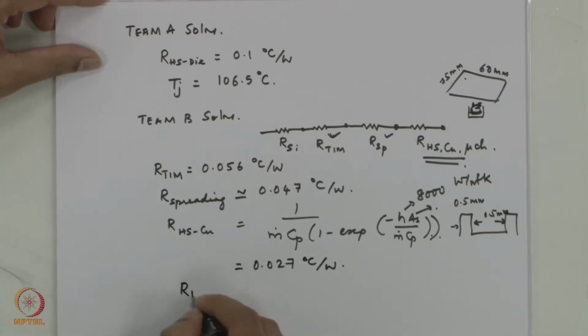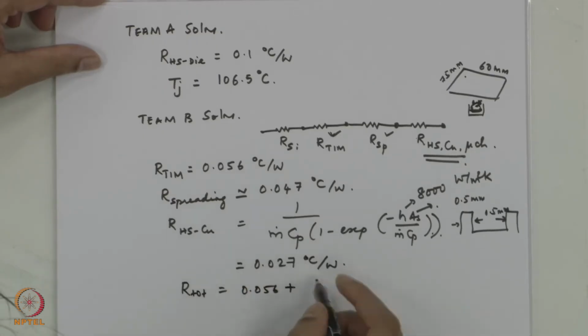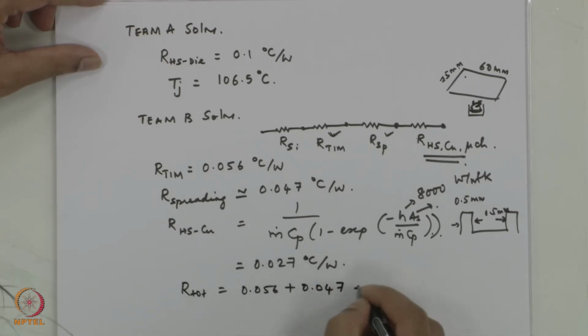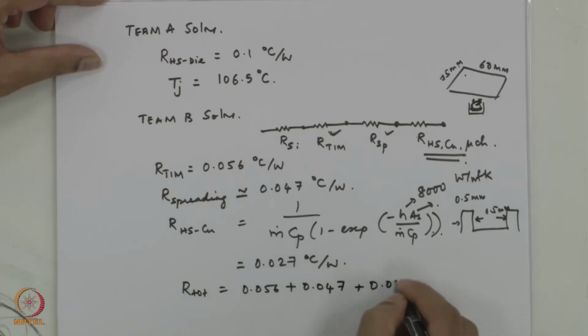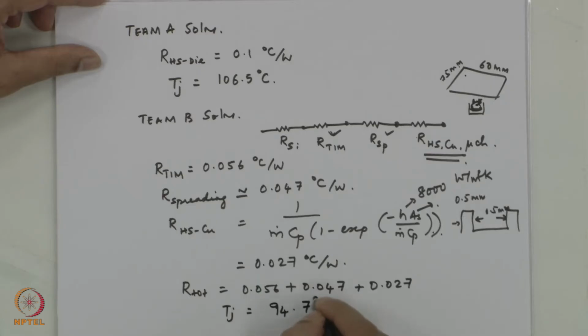The total resistance from junction to the ambient turns out to be a combination of 0.056, ignoring the resistance offered by the silicon, spreading resistance of 0.047 plus heat sink resistance of this, we get a total resistance. If you use this to calculate Tj, it happens to be 94 degree C using a 47 degrees Celsius ambient.